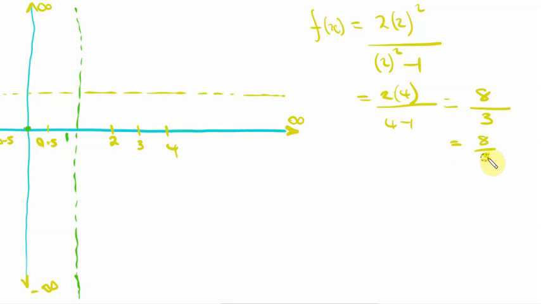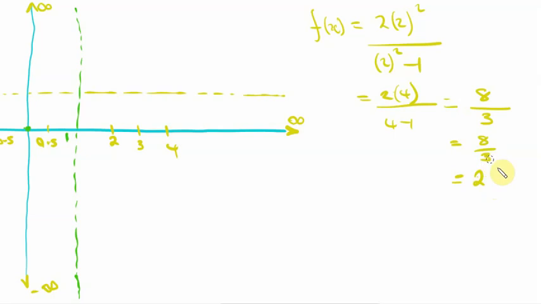Over 3, so 1/3 of 8. Okay, what is 8 over 3? Well, 8 over 3 means how many times does 3 go into 8?